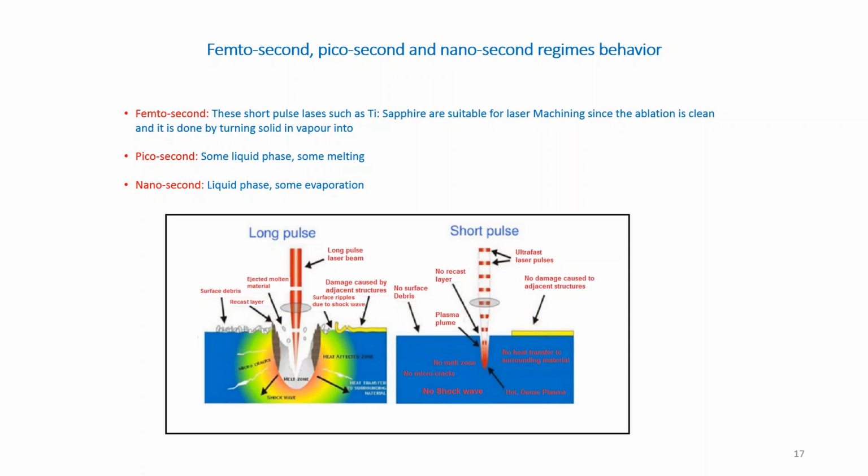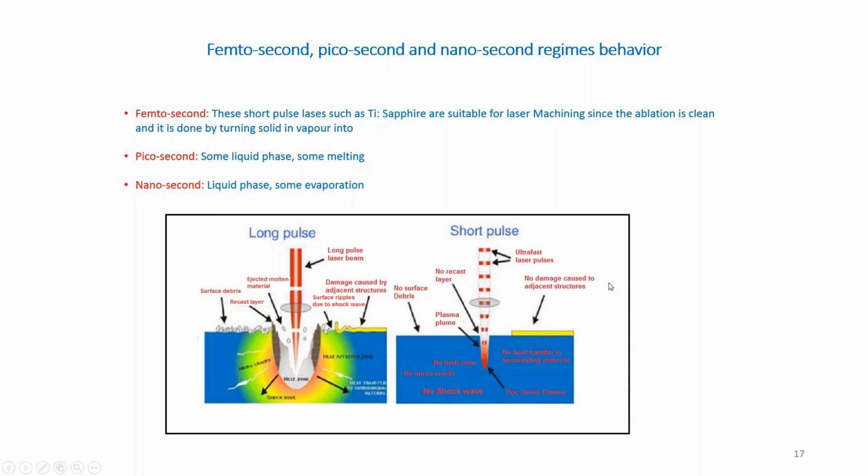But in some cases, it doesn't really matter. Even if you damage a little bit of the substrate, it's not that critical. So you can use longer pulses which have higher energies to remove the material faster. But if you're super careful not to damage the surface, then you should use a femtosecond laser.